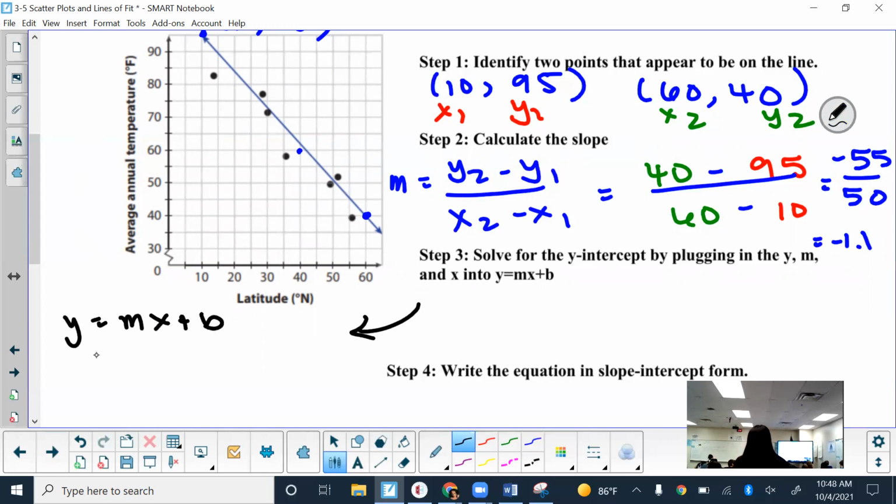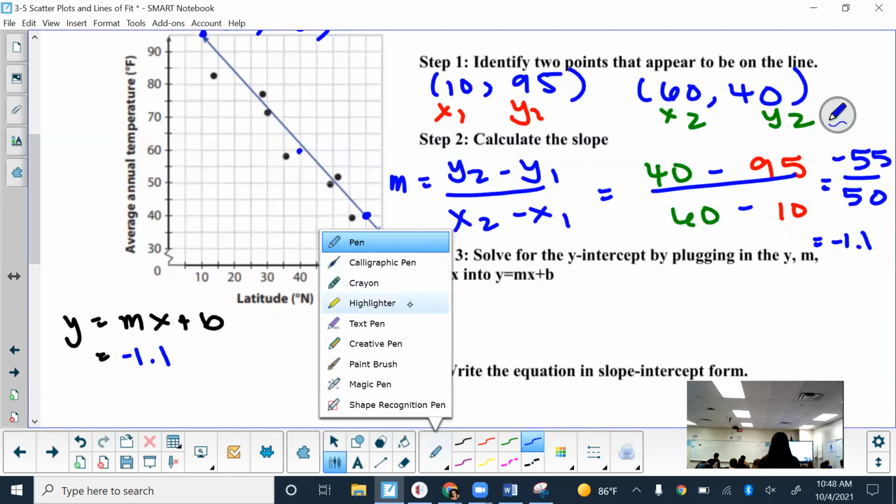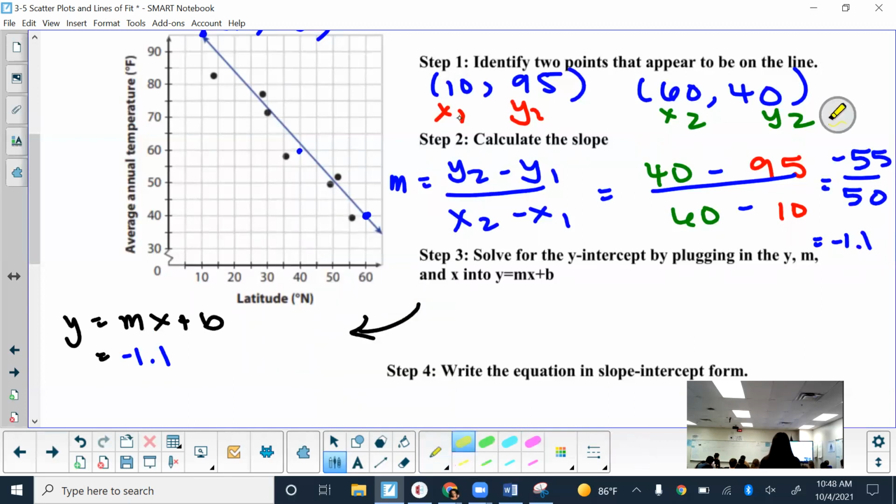What did we say that the m is? Your slope, and we calculated it to be negative 1.1, so we're plugging that in. Where can I get an x and a y from? You could get it from the graph, or you can also get it from one of the two points that we used.